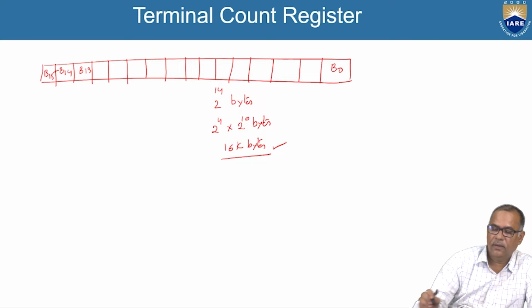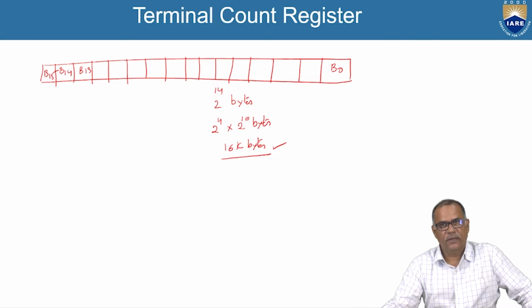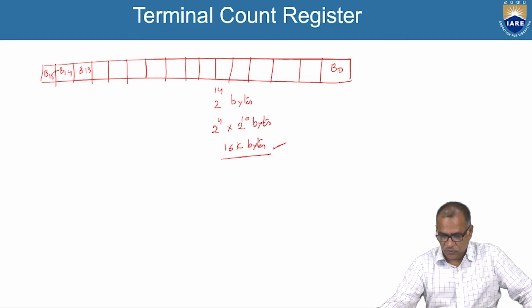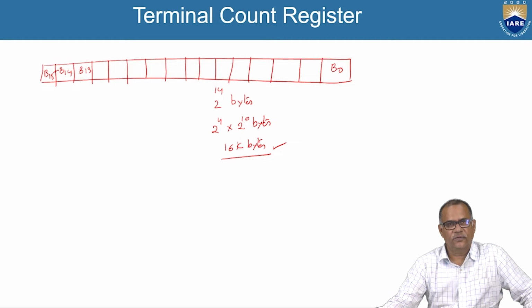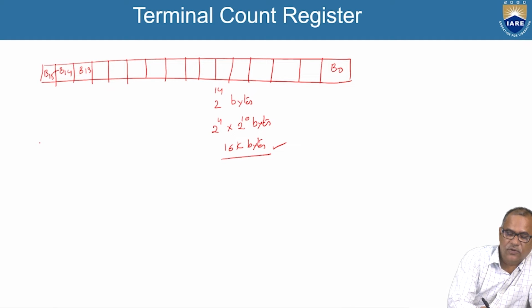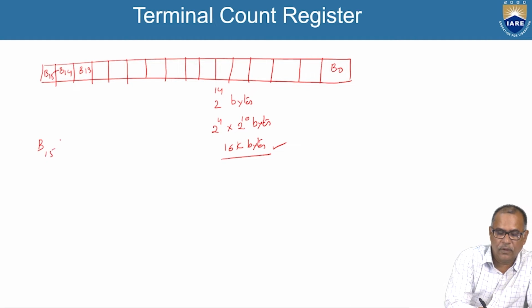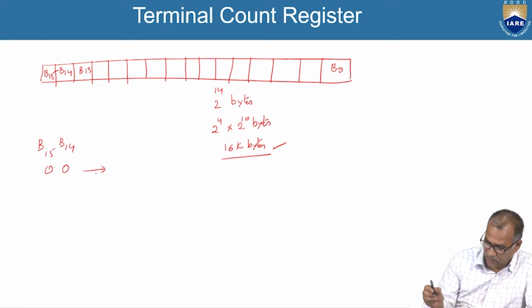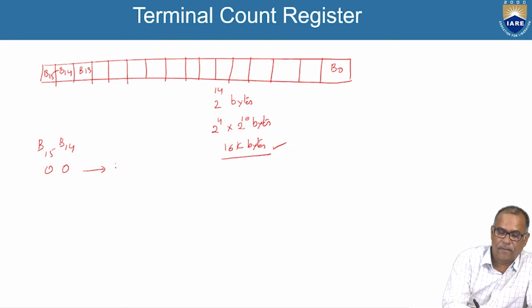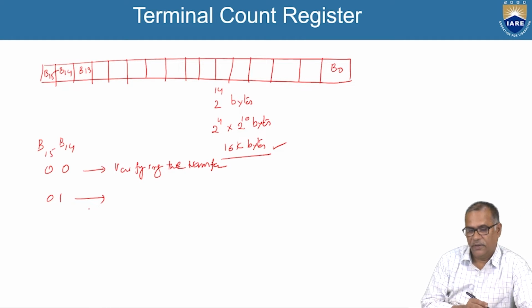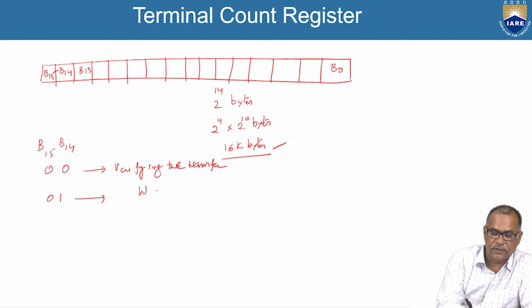So they provide the count for 16 kilobytes. And the uppermost 2 bits are used to verify the status. So for B15 and B14, if it is 00, it means that you are verifying the transfer. If it is 01, then it means that it is performing the write operation.